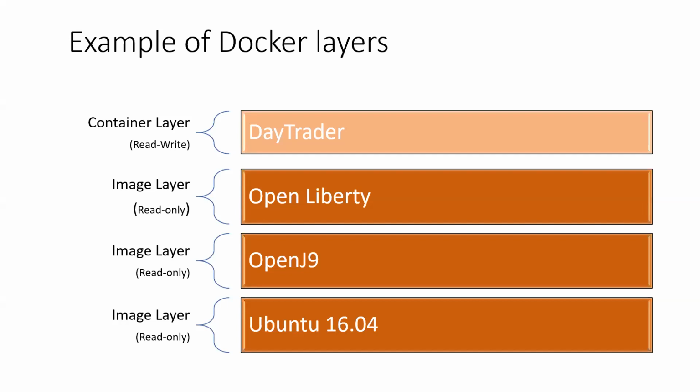In this example, the user is running a DayTrader Docker image, and the top layer is the DayTrader layer. All the layers below are read-only. So the user is running DayTrader on Open Liberty using the OpenJ9 Java VM, running on Ubuntu.